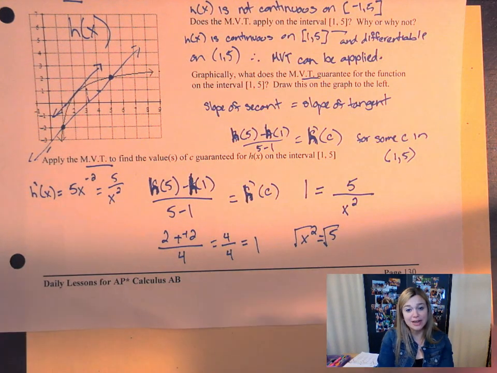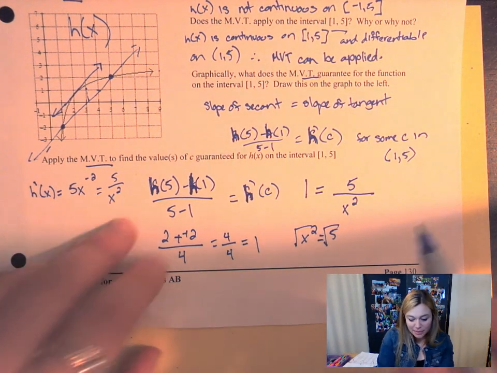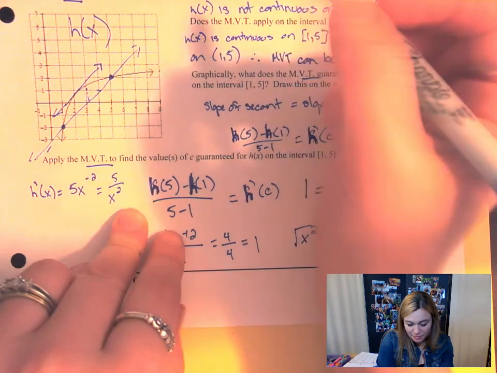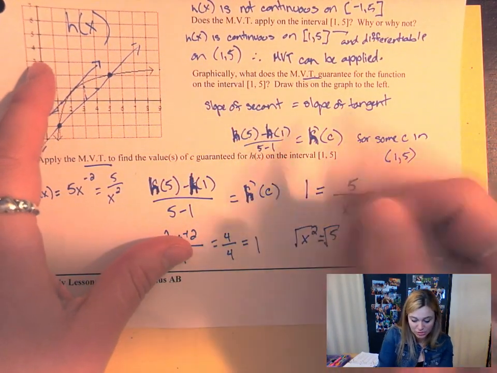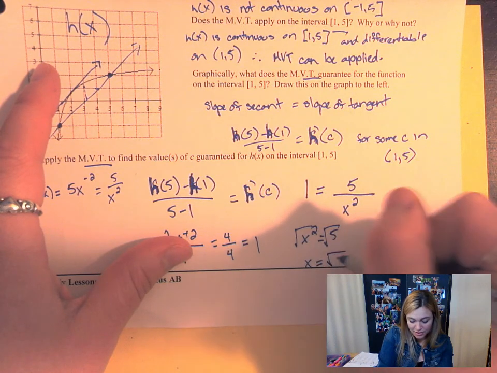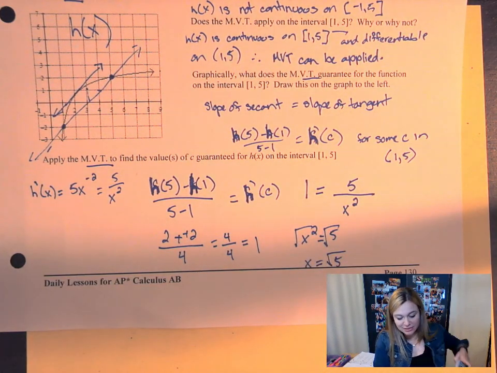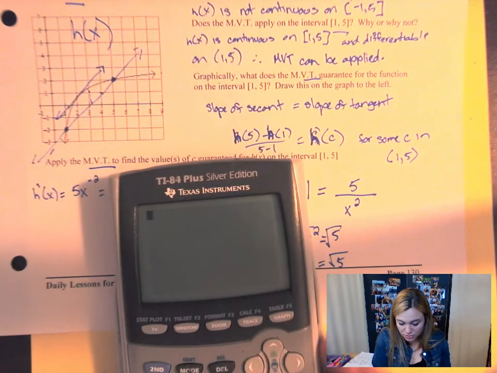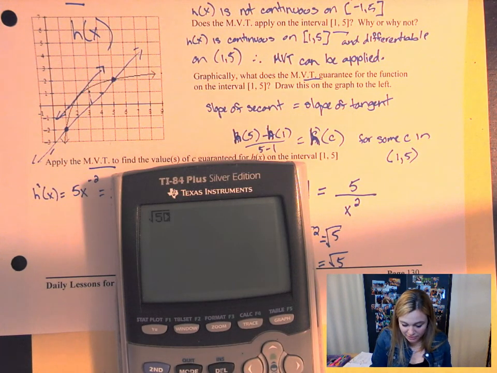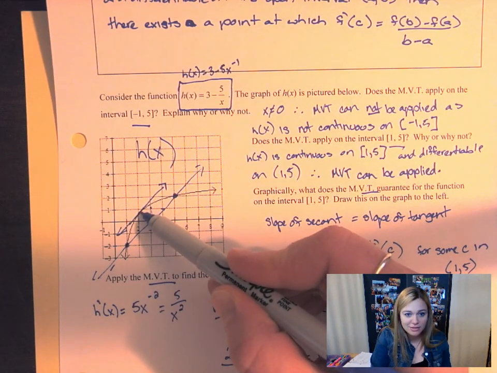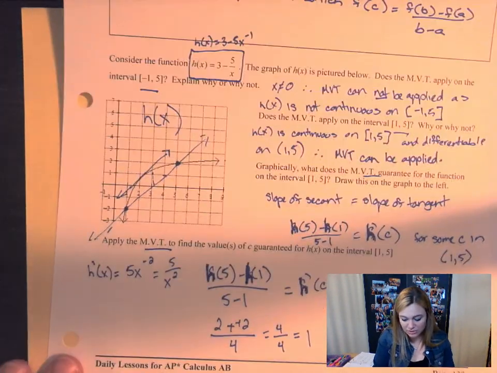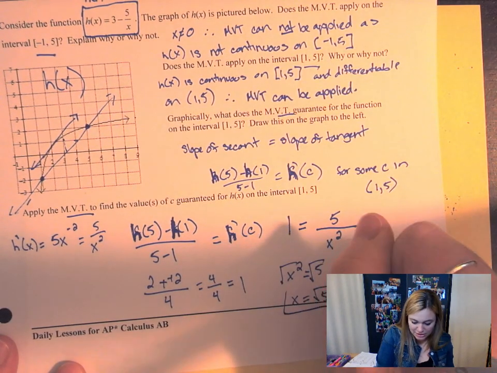This could be positive or negative because I'm introducing it, but because I want something in the interval from 1 to 5, I'm going to choose the positive. And because I said it was around 2, square root of 5 is 2.23. Yeah, that looks about right. We're pretty close. Keep your answer as the square root of 5.